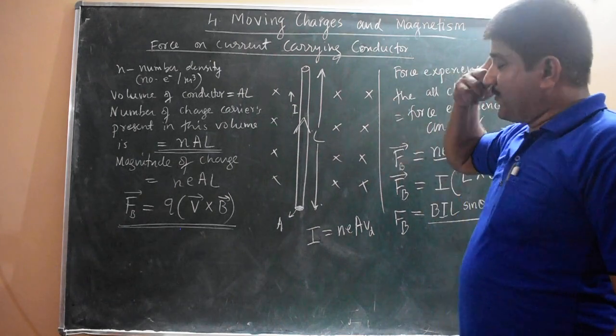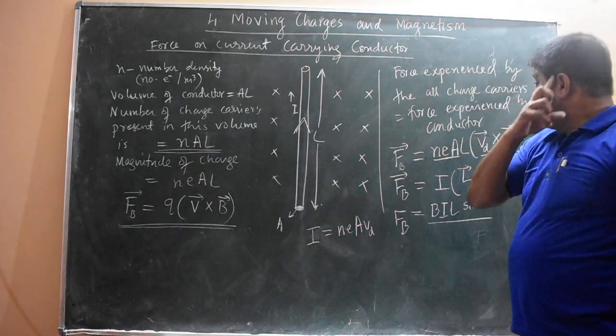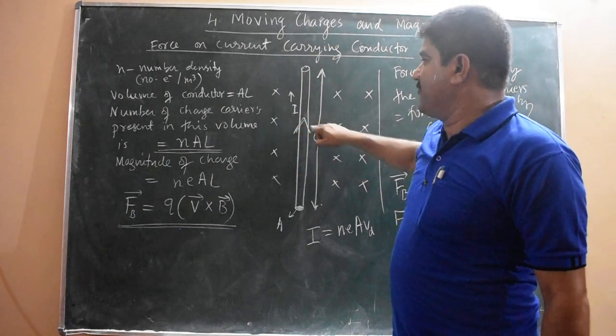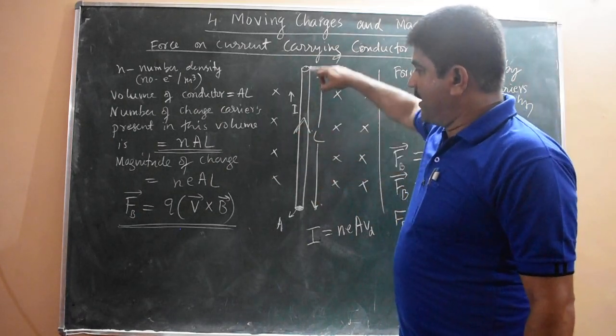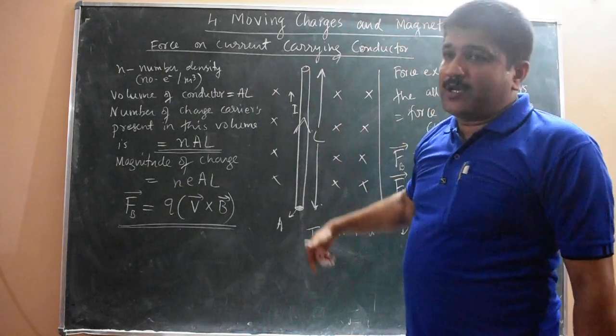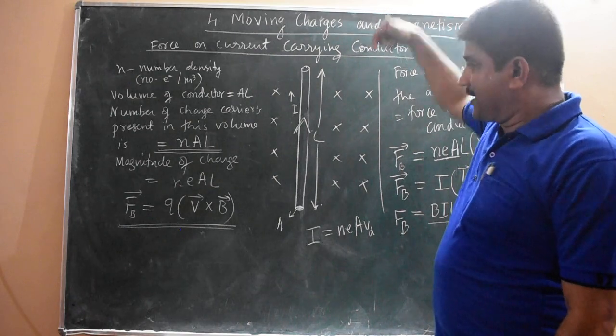You have to curl the fingers from the first vector L to the B vector. The magnetic field B is inward, and the L vector direction is in the direction of current. So current is flowing this way, so I treat the L vector as upward. If current is flowing downward, I have to treat the L vector downward.